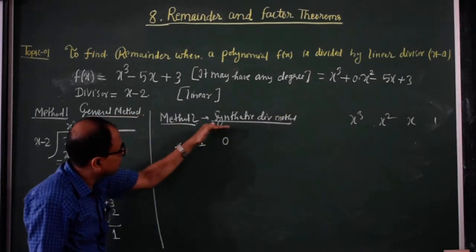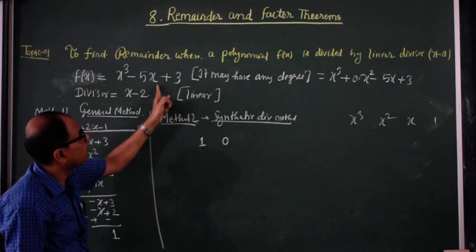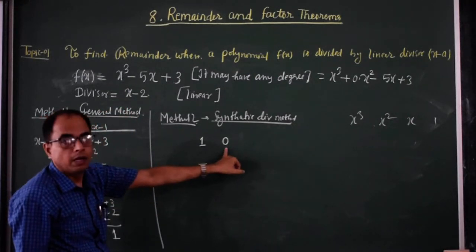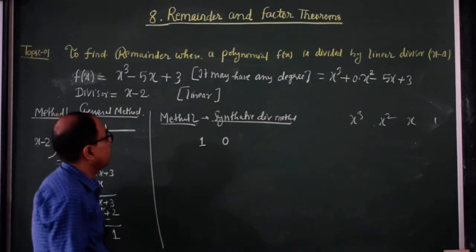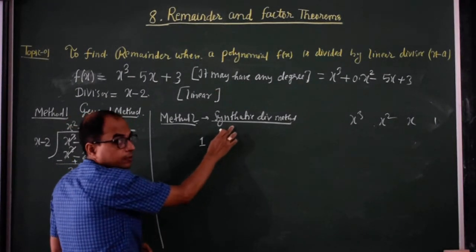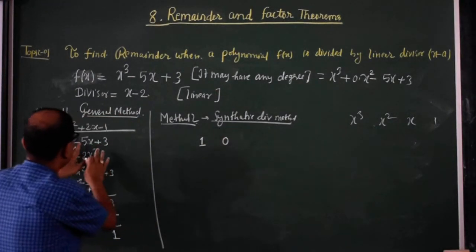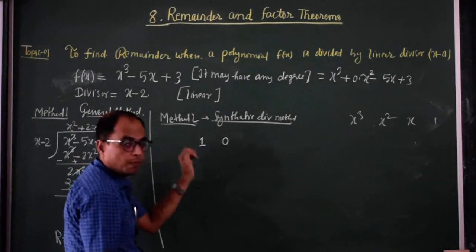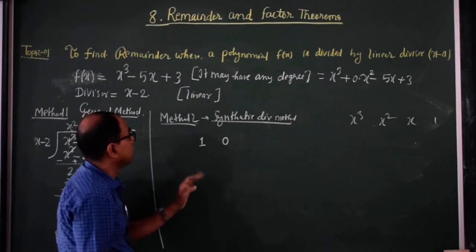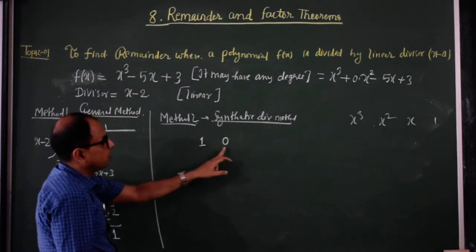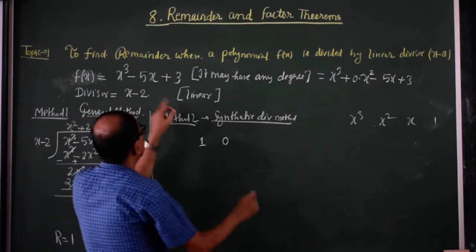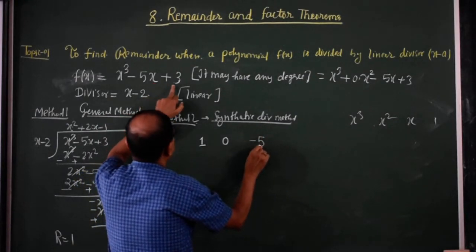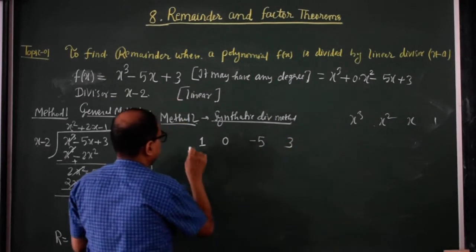In the general method there is no need of making the polynomial complete, but in this method it is compulsory. So here x square is not there, so write coefficient 0, then the coefficient of x, that is minus 5, and the constant 3.